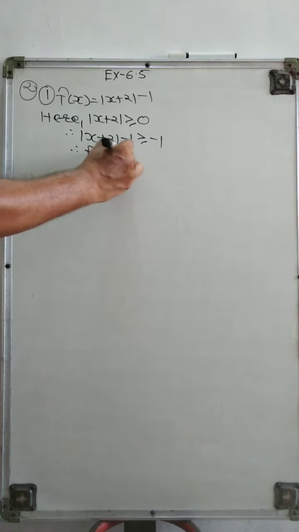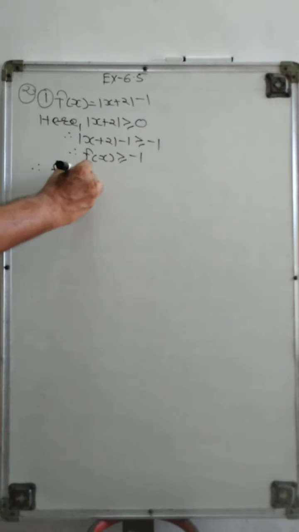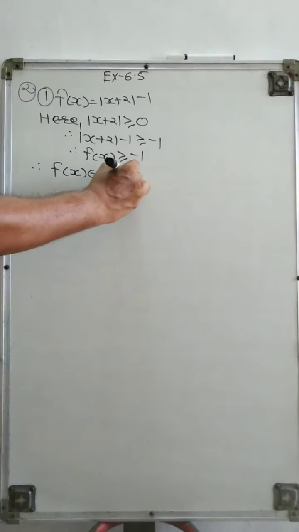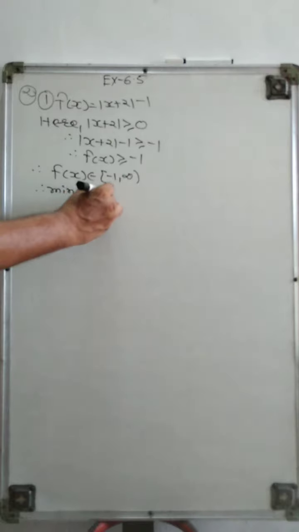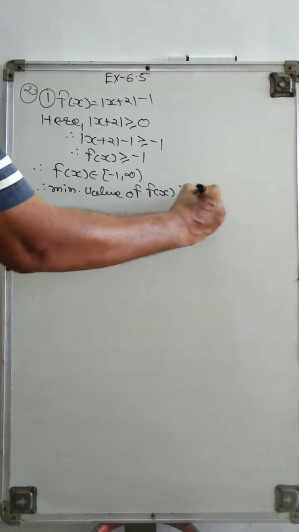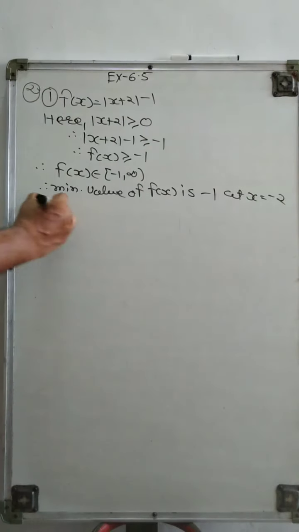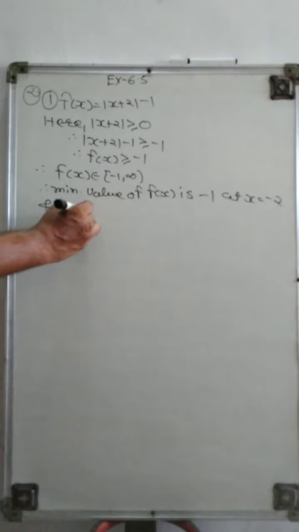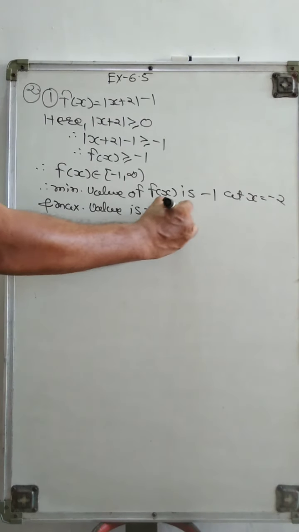Means f(x) is greater or equal to minus 1. Therefore, f(x) belongs to [minus 1, infinity). Therefore, minimum value of f(x) is minus 1 at x equal to minus 2, and maximum value is not obtained.